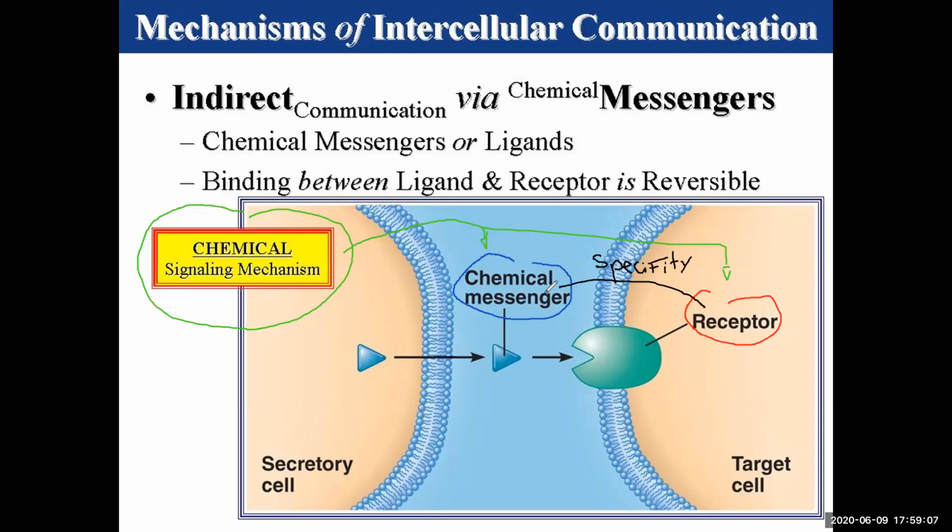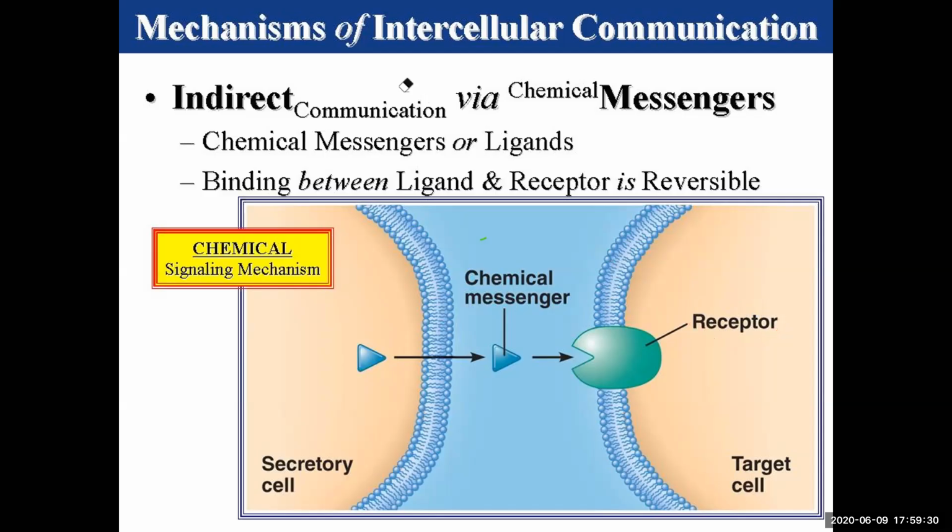This is how the body controls through chemical signaling. So it involves the message, but it also involves a sensor, a receptor, right? And the binding between the chemical messenger and the receptor is not permanent. That's also another beauty.